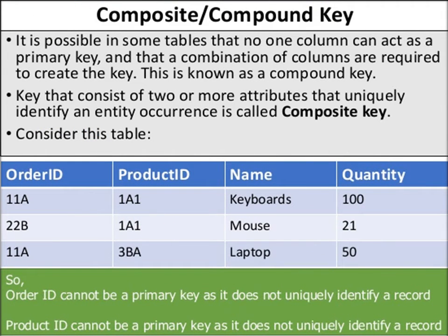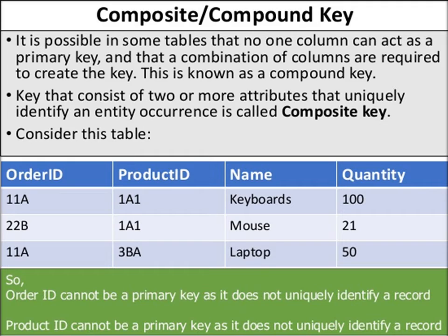Next, composite and compound key. Sometimes in a relational database, you're using multiple tables, and in some of the tables there is not even a single field which can be chosen as a primary key. If we see this table, then order ID or product ID, if we do not check the values, we will say that they can be chosen as a primary key.